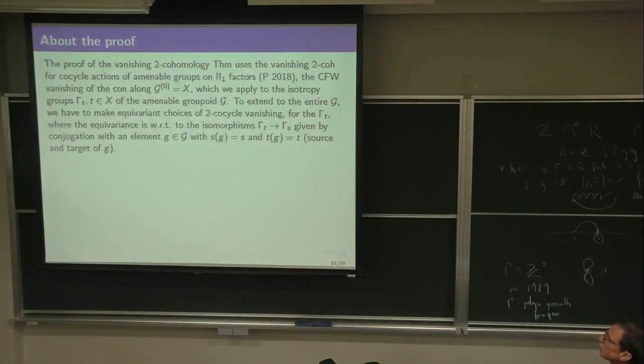Okay, so about the proof. The proof uses the vanishing of the two cohomology for cocycle actions of amenable groups on II1 factors, the thing I stated before. You also need to know that in this direction things vanish, so Connes-Feldman-Weiss enters in this also.